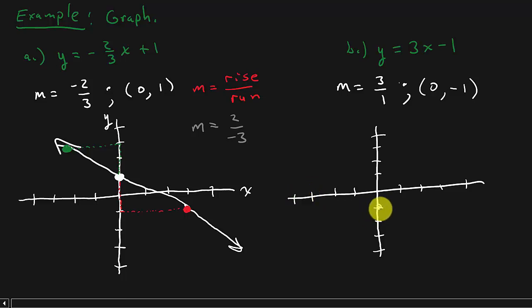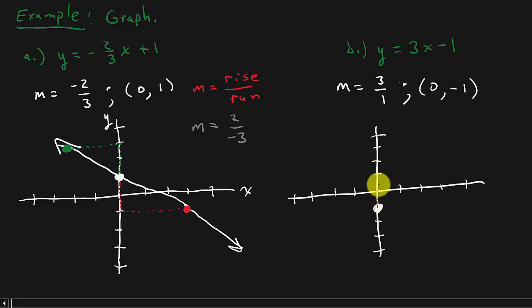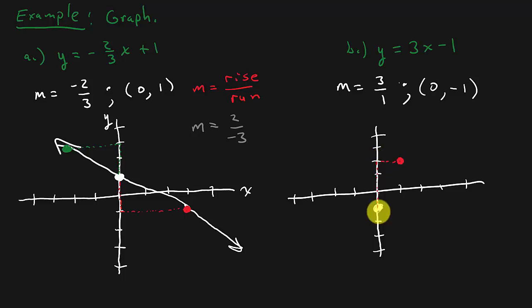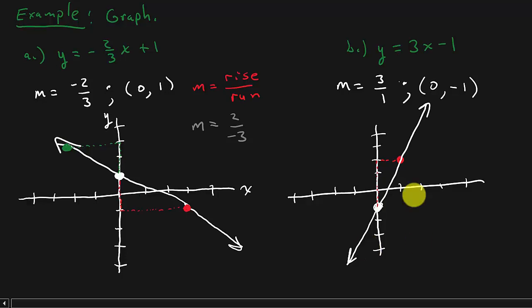Let's plot our y-intercept, (0, -1). And then I've got the rise. That's going to be 1, 2, 3. The run is 1. And so there's my point. And so now I can draw my line. All right, I hope that made sense.